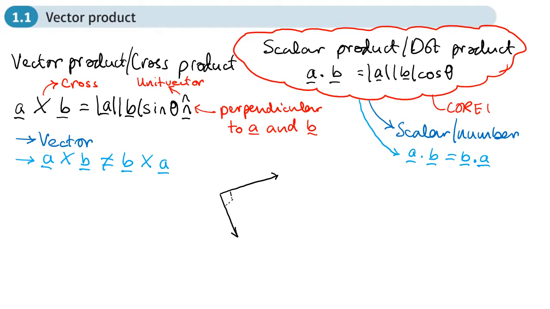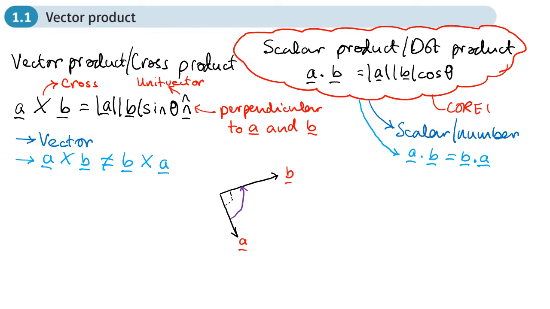This is my vector A here, and this will be my vector B, and I want to find a vector that is perpendicular to both of them, this vector n, the normal. For A cross B, the sine of the angle would be measured in this direction.